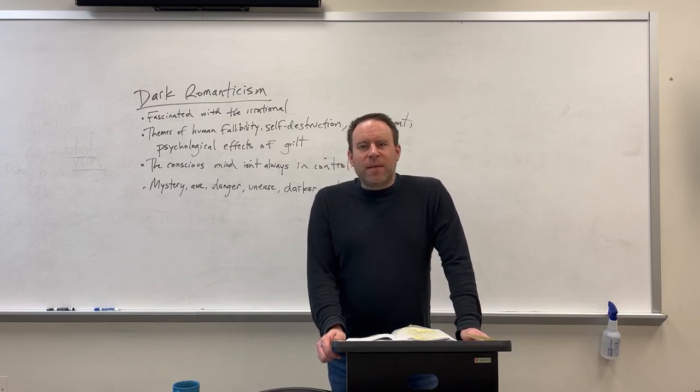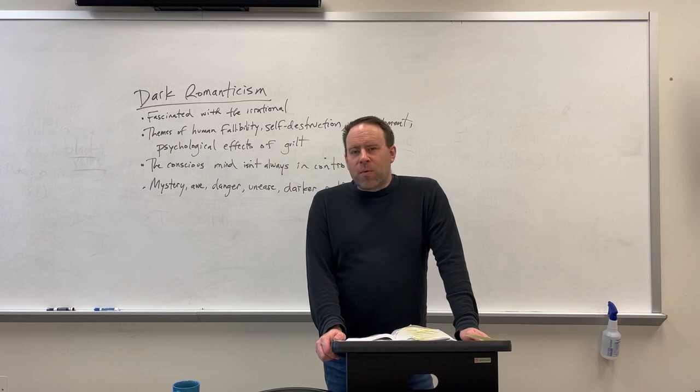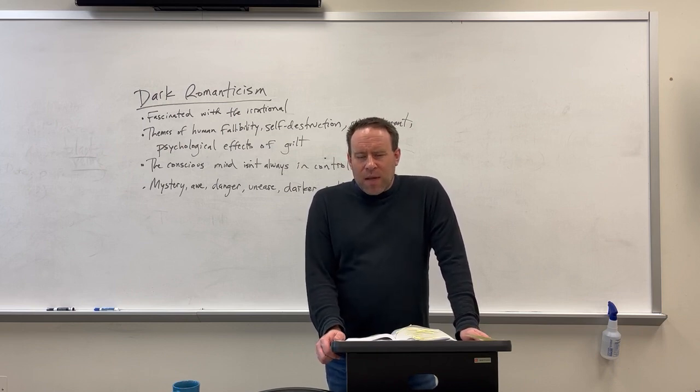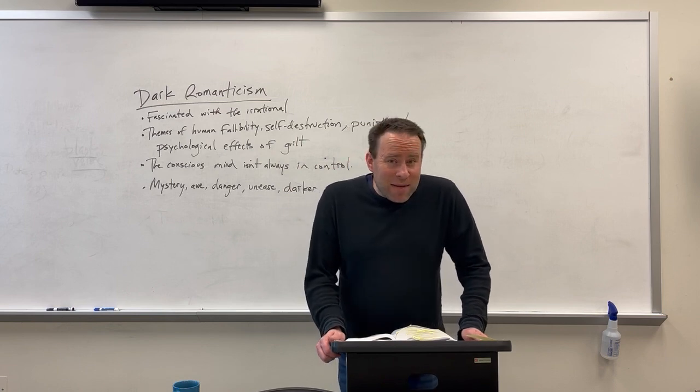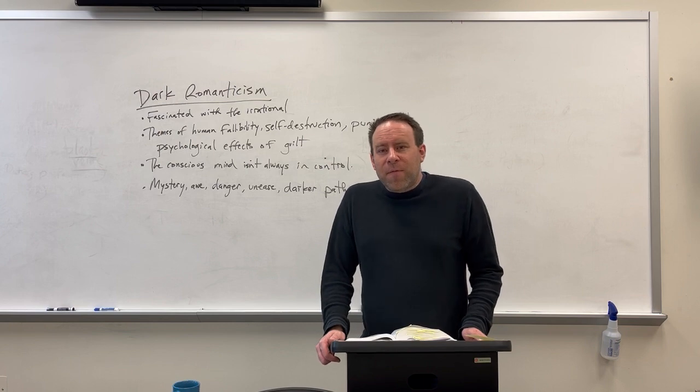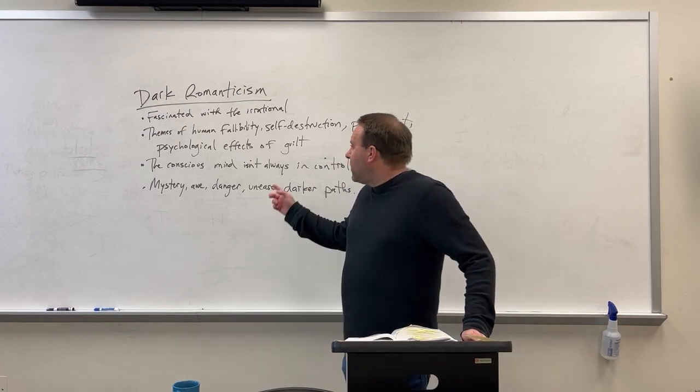What happens if we temporarily lose sanity? What happens when we dream? What if the human mind, in other words, is not an object of perfection, but a flawed object?